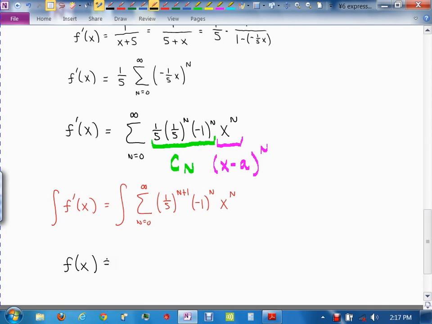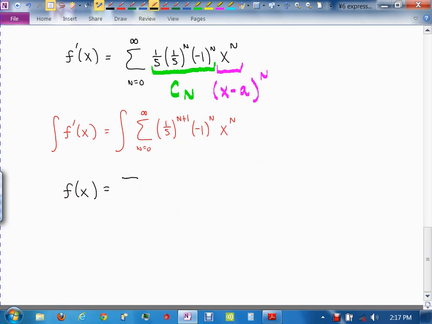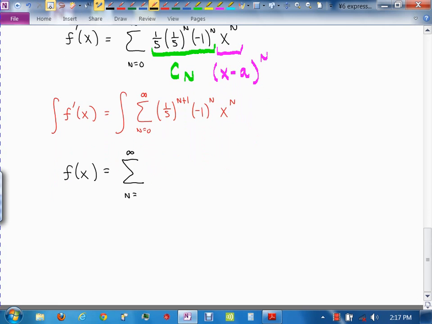And now I do the antiderivative of the right side, which is the sum from n equals, do I go to 1 or 0 on antiderivative? It should be 0. Were my notes wrong? For derivative, it's 1.